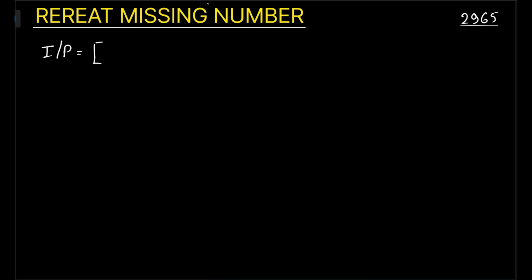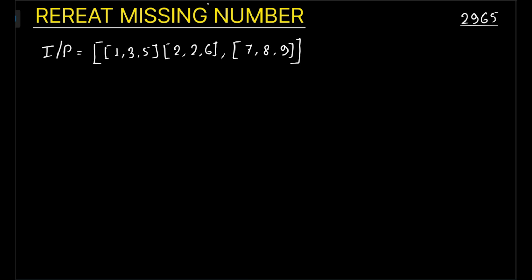Suppose for example I am taking 3 cross 3, and there is 1, 3, 5, 2, 2, 6, and 7, 8, 9.